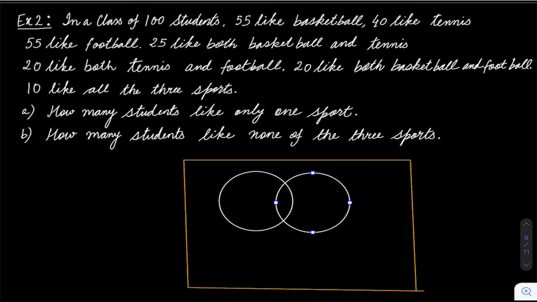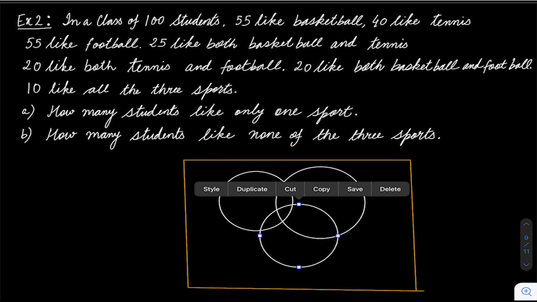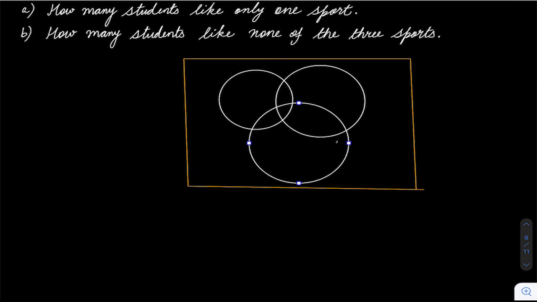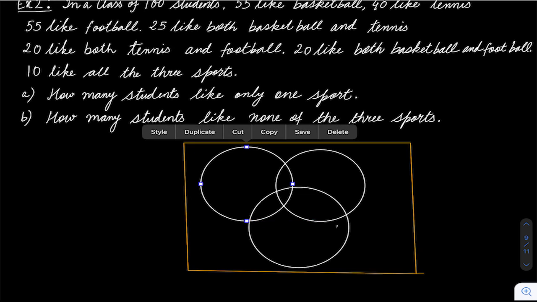This is my second set. This is my third set. Okay, once I have this, now remember what we discussed in the last question: whenever we need to write the information in a Venn diagram, what do we do?